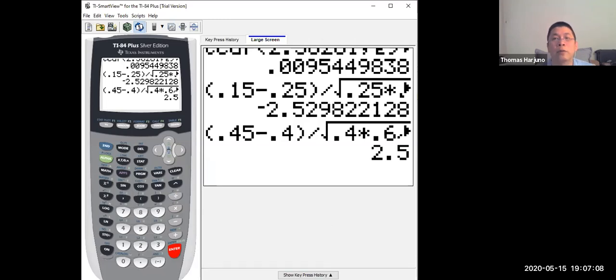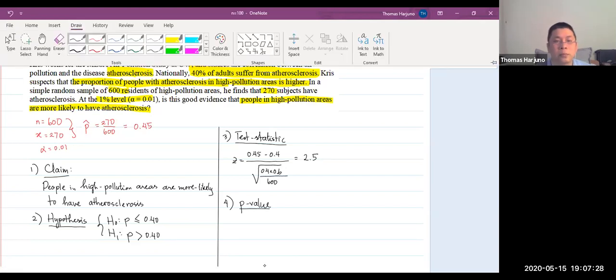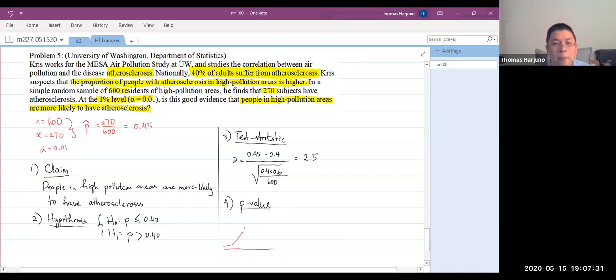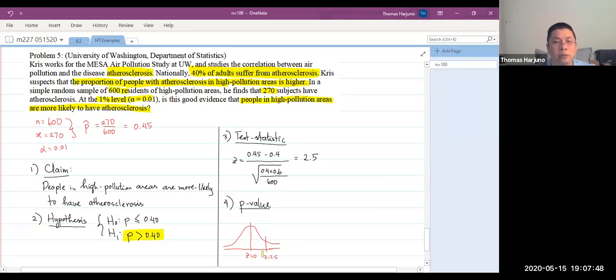Okay, z is 2.5. And step 4, p-value. This is when z equals 0. This is z equals 2.5. And I need the right tail, right? The right tail.